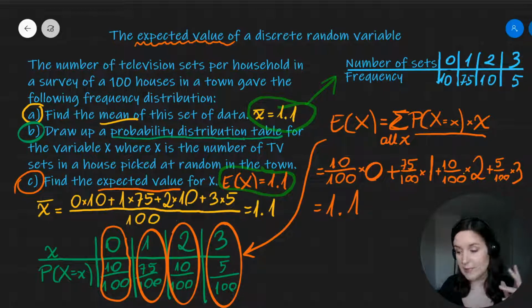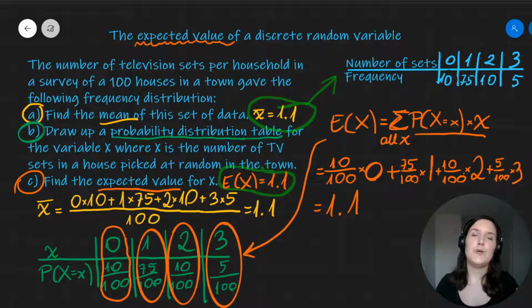But the expected value is 3.5 because if you throw the die a lot of times, almost infinitely many times, based on the probability, you expect to get the same number of ones, twos, threes, fours, fives, and sixes. So you expect your average result to be 3.5. And that's what the expected value is, just the expectation of the mean.